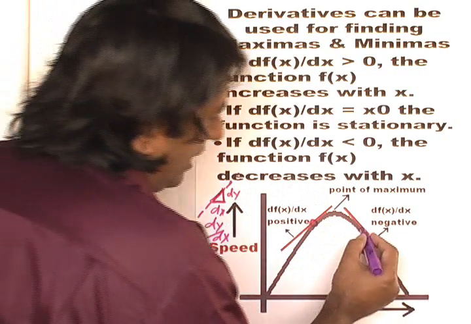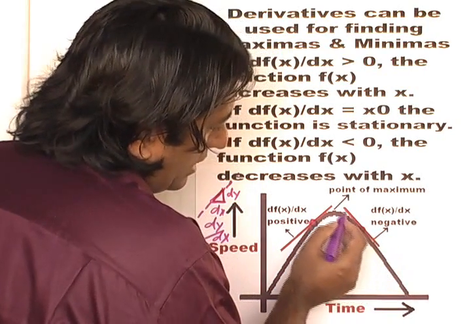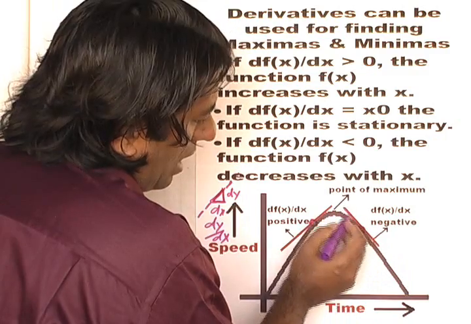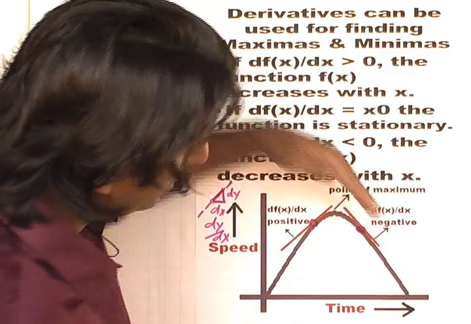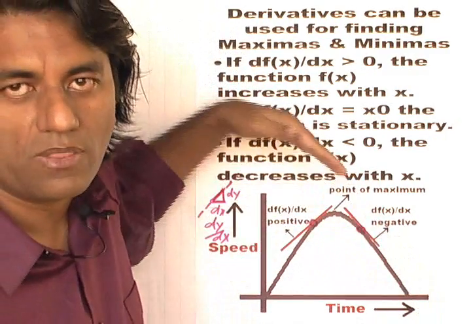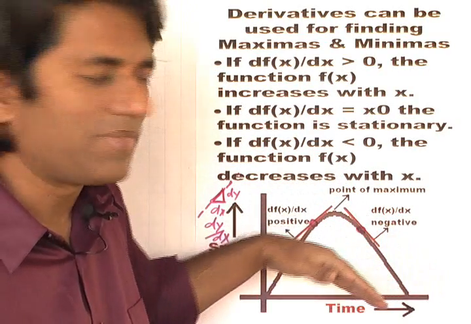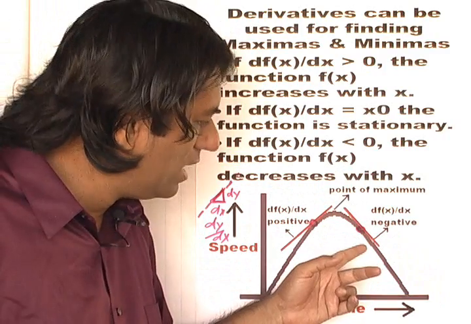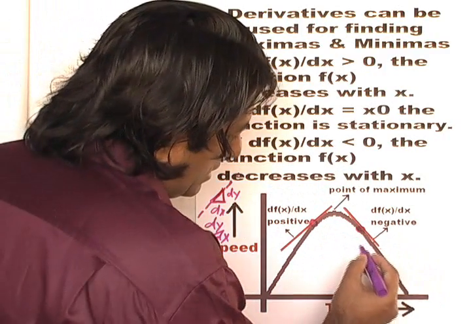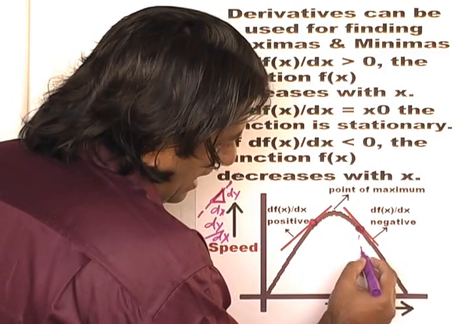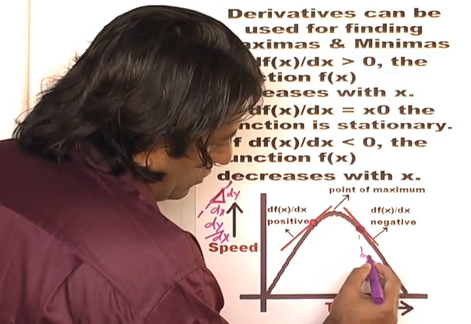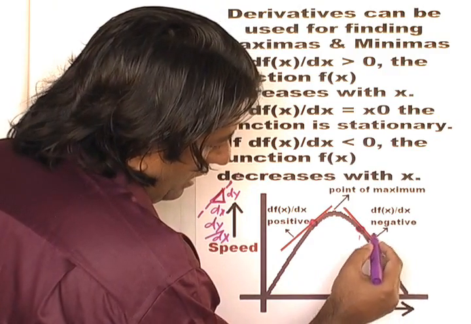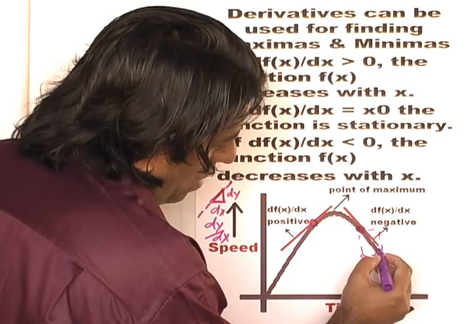Similarly, at this point, the derivative is negative and the slope is negative. The function is on its way down. Okay, now why is the derivative negative? Well, the other way to think of it is that an increase in x, like let's say I'm moving from x here to x here, leads to a fall in y.